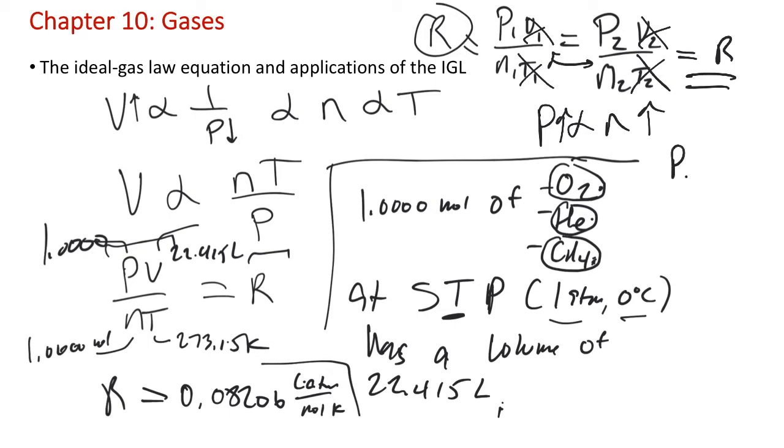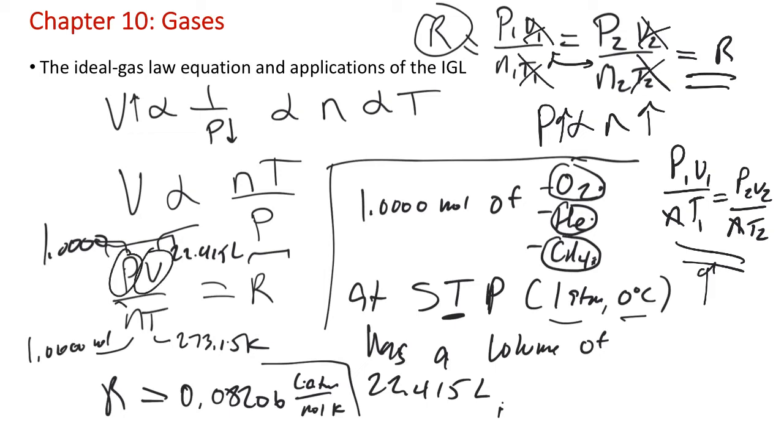So we could write P1V1 over nT1, if moles are constant, is equal to P2V2 over nT2. If the moles aren't changing, then the n cancels out. So we have P1V1 over T1 equals P2V2 over T2. So we can solve problems where we're changing 2 or more of the variables and consider what they're going to be after the change occurs. And another thing we can do is give you 3 of the 4 variables and have you calculate the 4th.